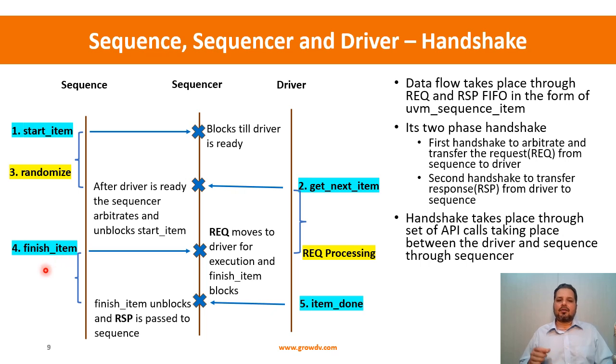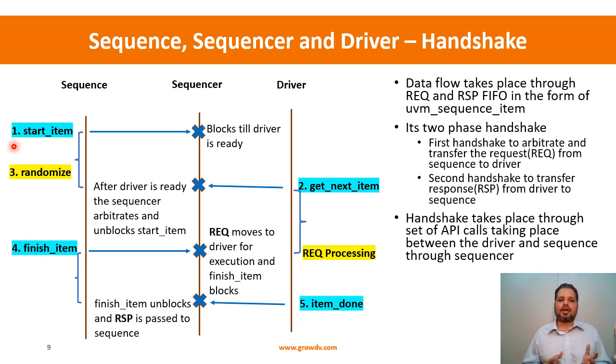after the finish item has been unblocked, the same request handle that we had randomized, within that handle we can also look at the response fields if we are modeling it using the same request, right? So these concepts I'm talking about, the actual modeling and how to do it with a separate response, I think will become clearer when we take a look at examples.